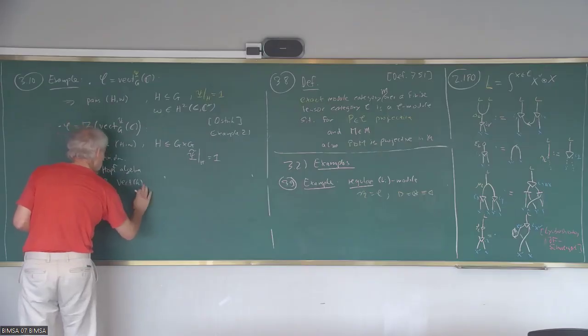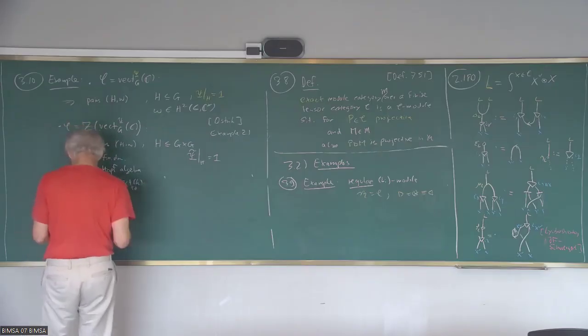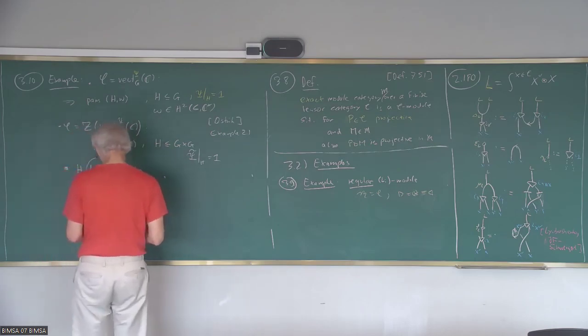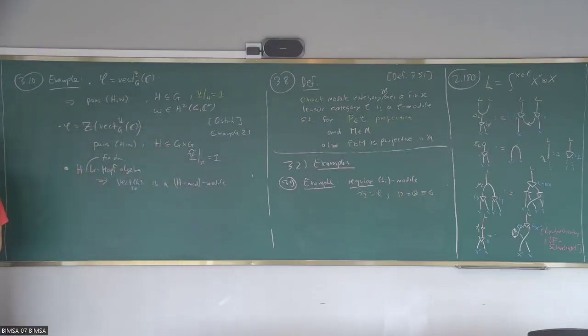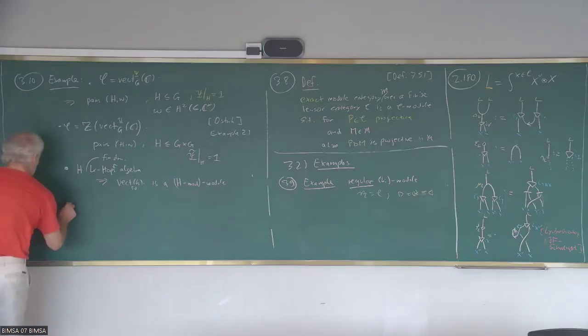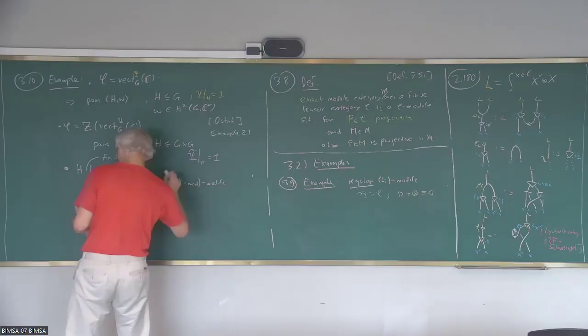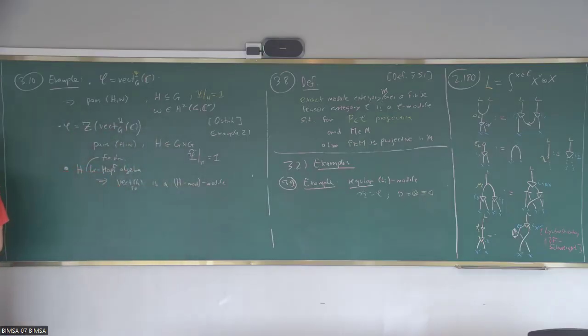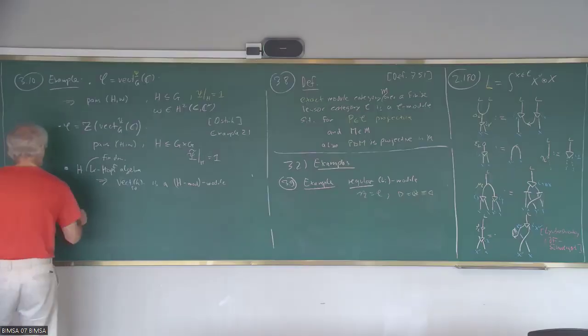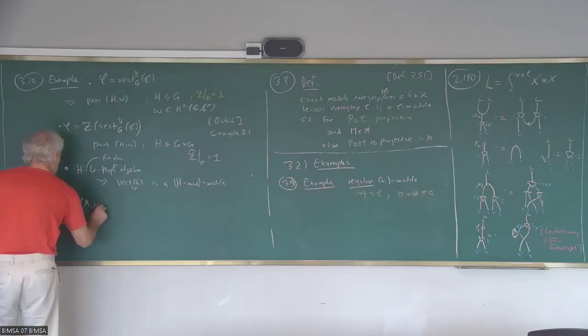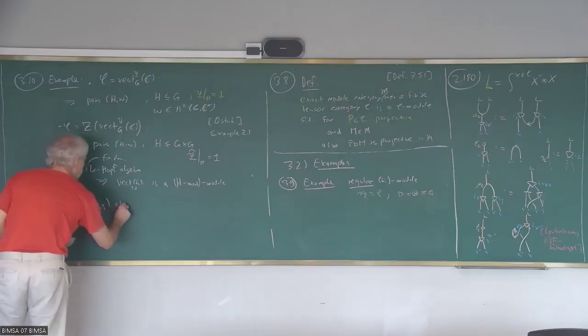Maybe I write it explicitly. As a module, this is a module category over H-mod. And then, as I already said in words, assume that A is an algebra in C.